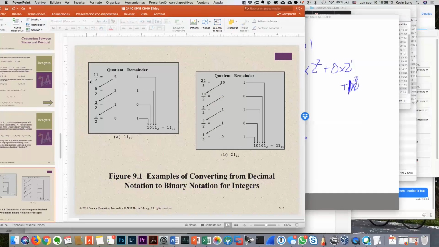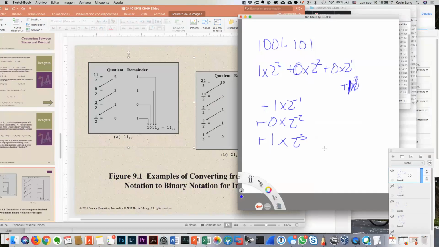So I have the number 11 in decimal, and I want to convert it to binary. My base is 2, so I'm going to divide it by 2, because that's my base. So 11 divided by 2 gives me another number in my original base, 5 in decimal, but I have a remainder, and I'm guaranteed the remainder is only ever going to be a 0 or a 1, because I was very careful to divide by my base.